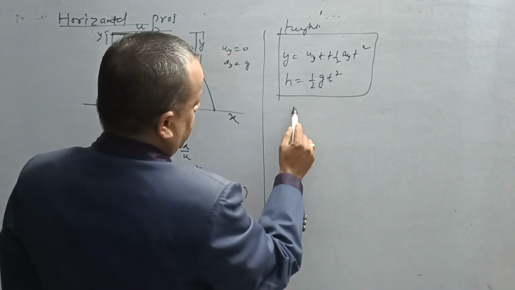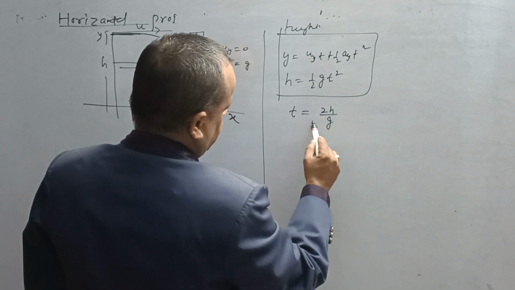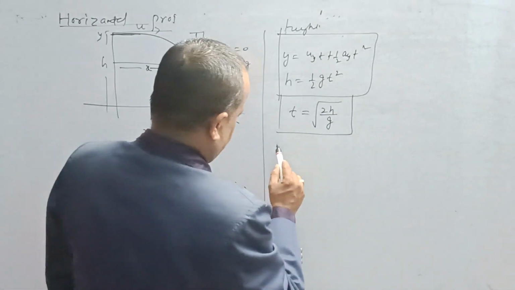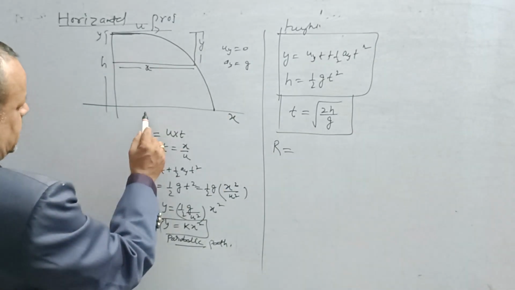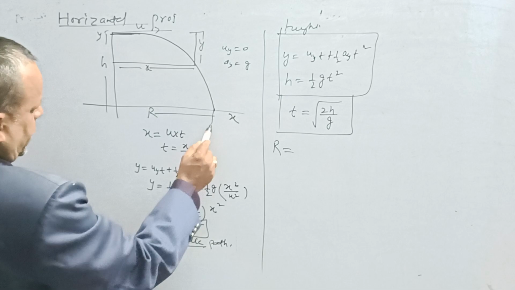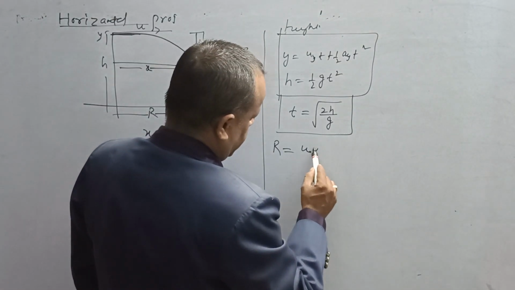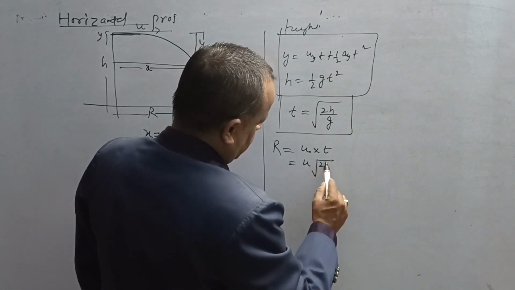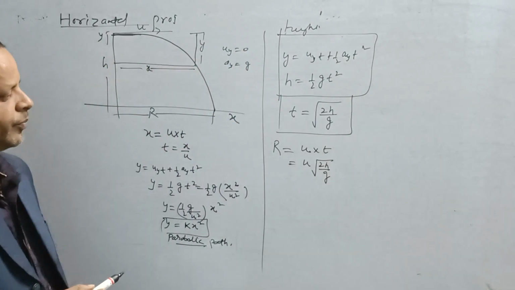From here we can get the time. It comes out to be root of 2h upon g. This is the time of the projectile, and the range is the distance moved along the x-axis. It is velocity into time, this is u, times root over 2h by g.